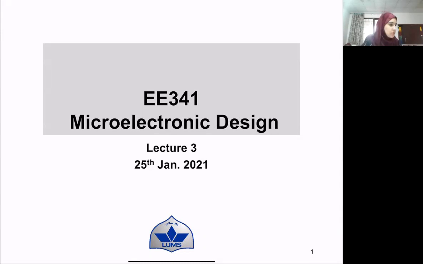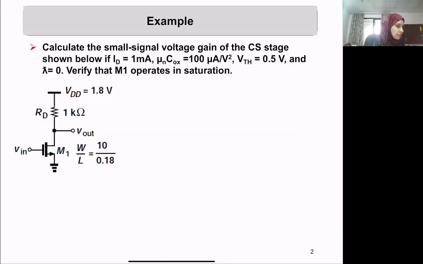So in order to revise last class's lecture, it would be good if we can take an example to refresh what we did last time. This example says, calculate the small signal voltage gain of a common source amplifier that we are seeing down here.